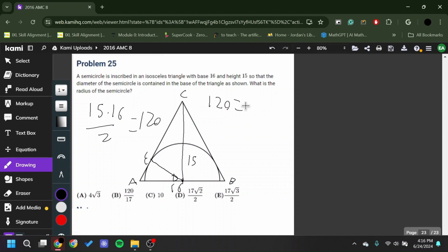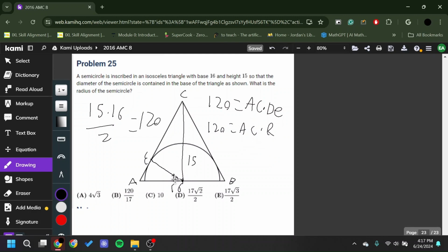So we can do AC multiplied by DE. But DE is equal to the radius, so we can just write AC times the radius. And that's what we're trying to find.